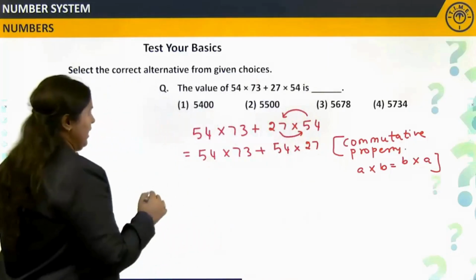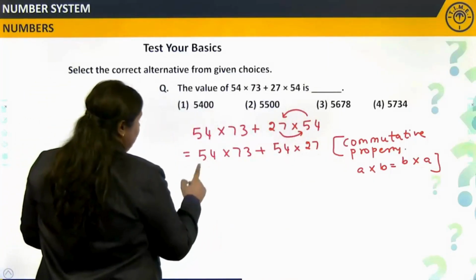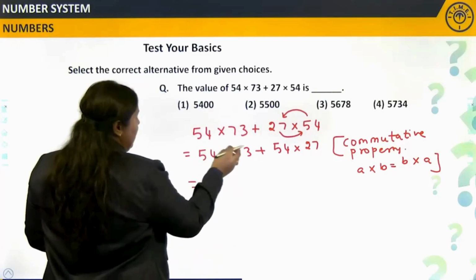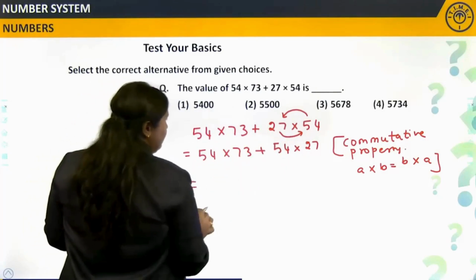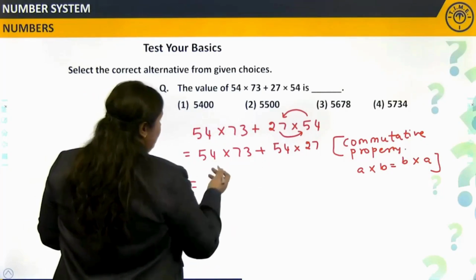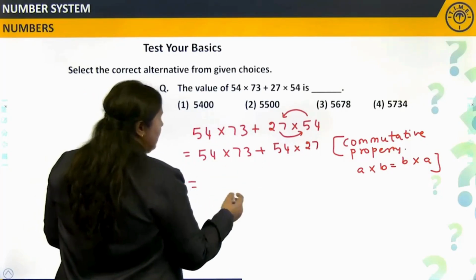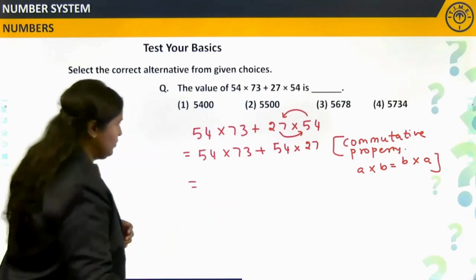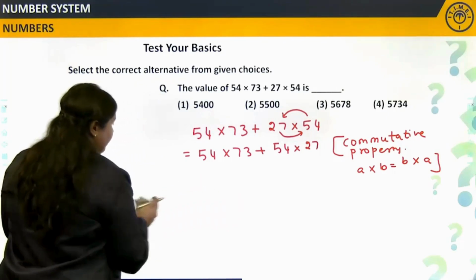Right? Okay. Now, if you carefully observe, this is of the form A into B plus A into C. Right? So, can I pull... what property is that? Let me take more space, okay? Let me just write it here.